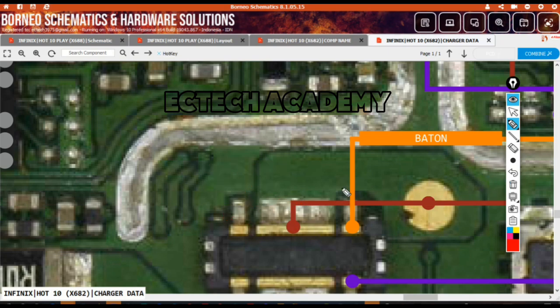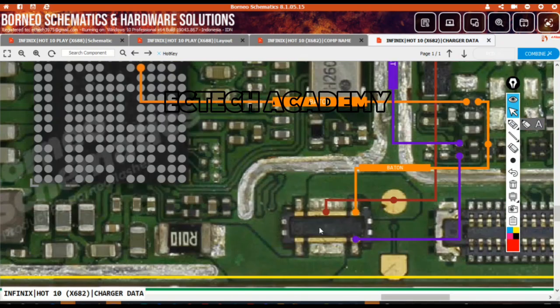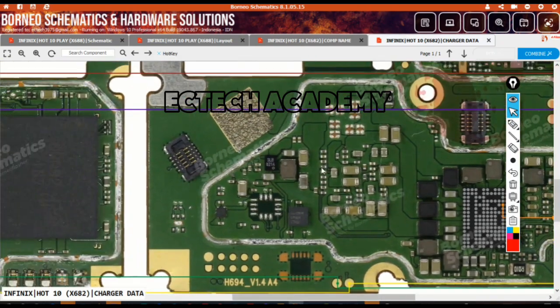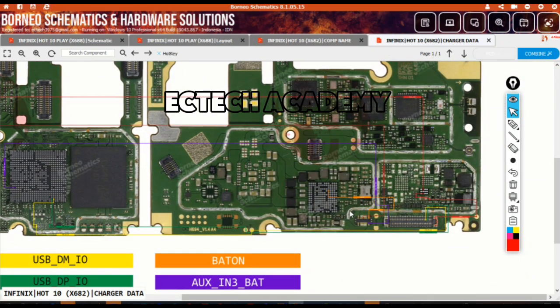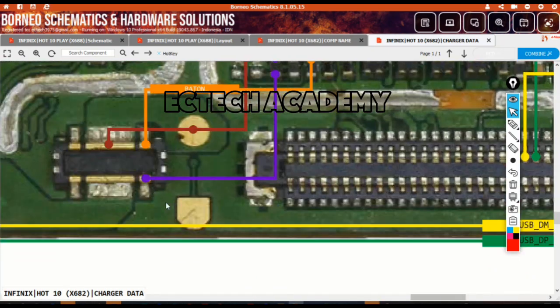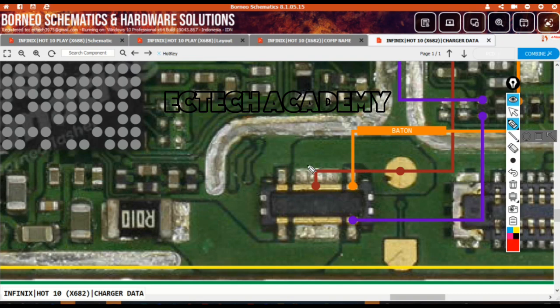I have seen many cases like that. The reason is that the charging IC is not doing its work. When I see 5 volts on this battery connector, do you know what happens?